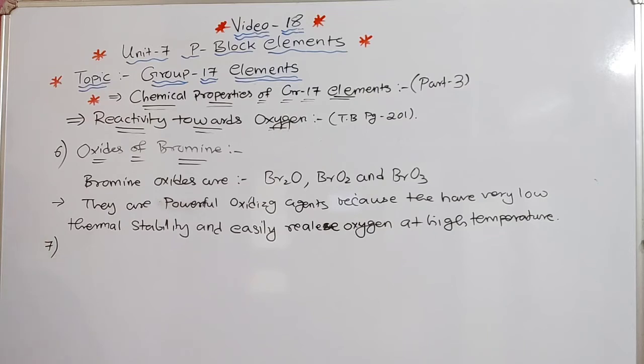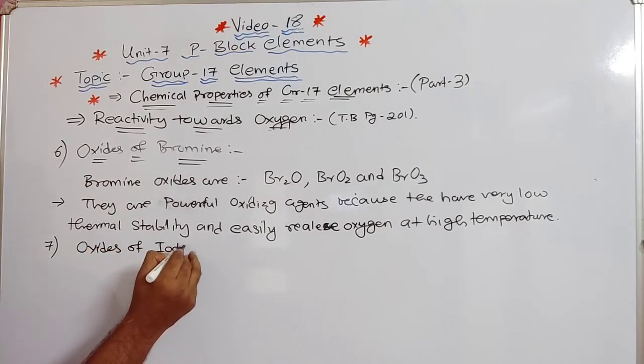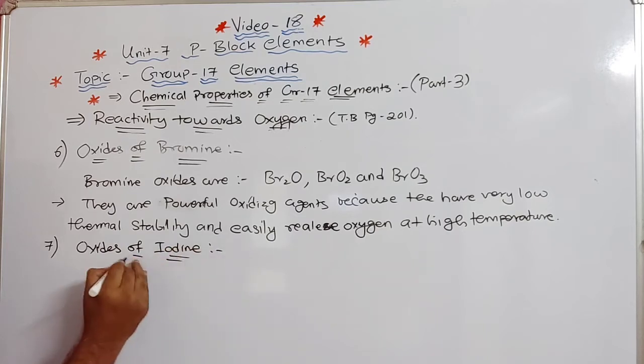Then point number 7. So this is all about bromine, what we have discussed. Then we have discussed chlorine. Then we have discussed iodine. Oxides of iodine are left, so we'll discuss that now. Clear?